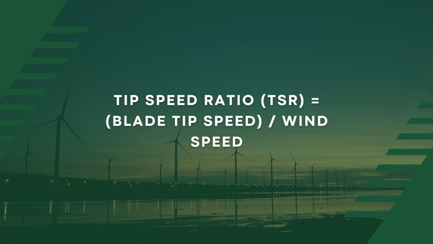Here the blade tip speed is the linear speed at which the tip of the wind turbine is moving. It can be calculated as the product of the blade's length and the rotational speed of the rotor. Wind speed here is the velocity of wind.